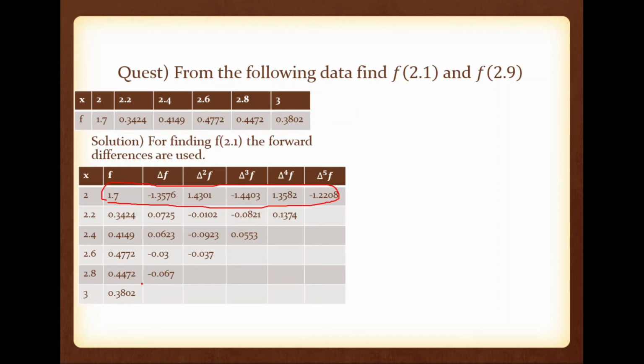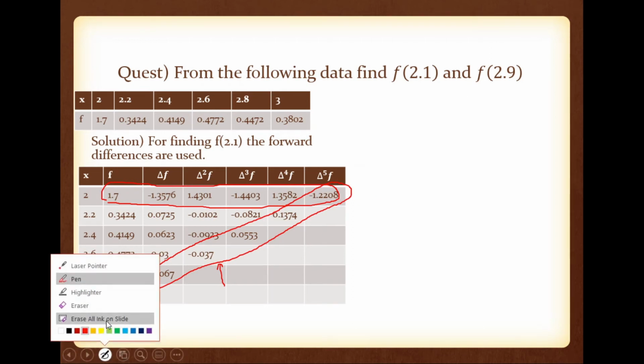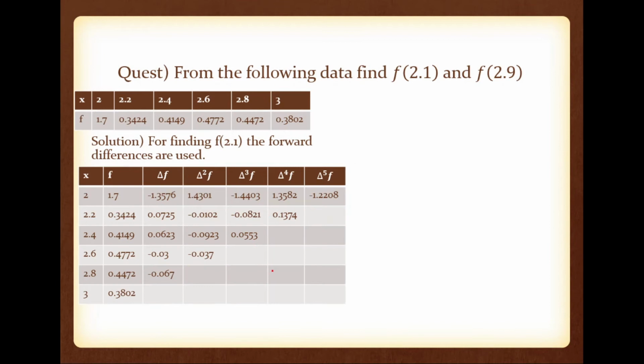The interesting thing is, the last row of backward difference table is nothing but the last data of each column of this forward difference table. You can see that. So by using the first row, we are going to extrapolate f of 2.1.